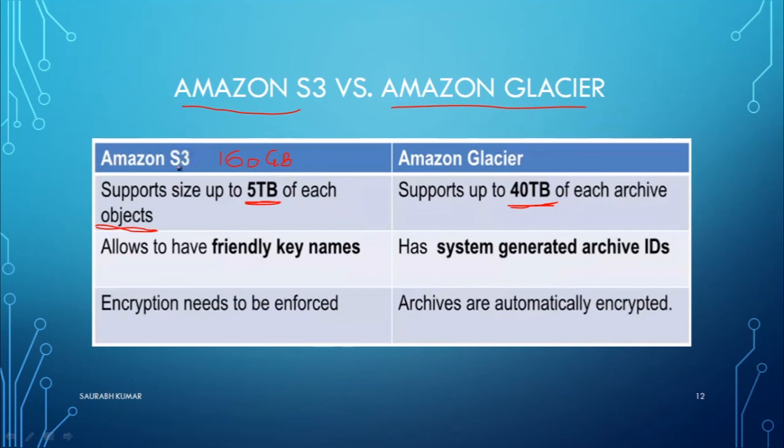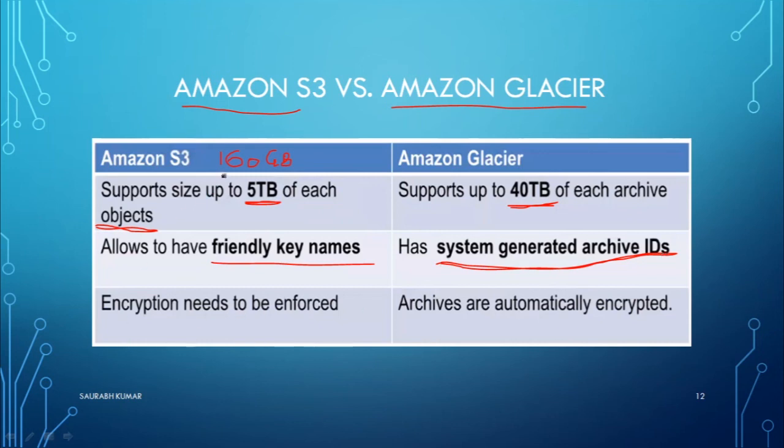The second point about Amazon S3 is that it allows you to have a friendly key name. You can define any key name, whereas in Glacier every archive will have a system generated archive ID. That is not something you define. It is a system generated ID, an auto generated ID number.